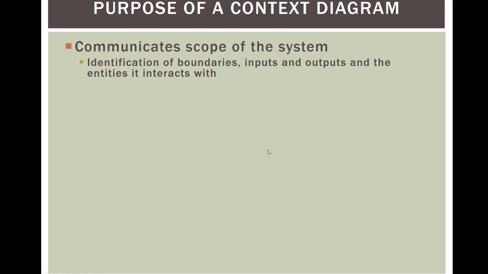All right, let's see here. Okay, so here we go. The purpose of a context diagram. The very first thing when we're breaking down a system, when we're going to study a system and try to learn something about it, is that we need to understand the scope of that system. What we're looking at is the environment.